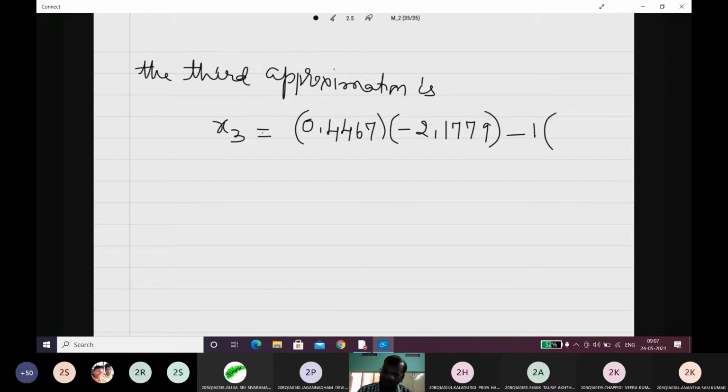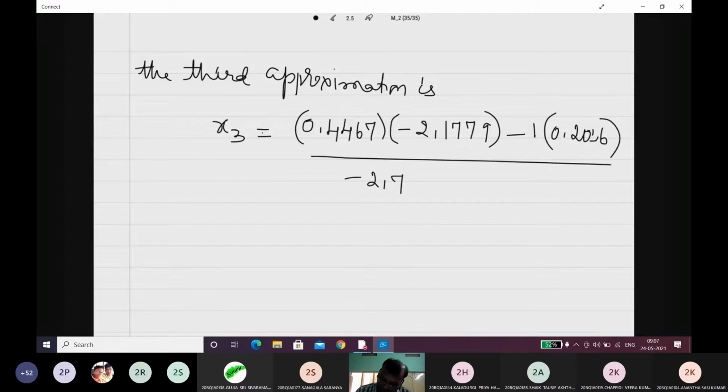Please tell me anyone. 0.2036, divided by f of b minus 2.1779 minus 0.2036.